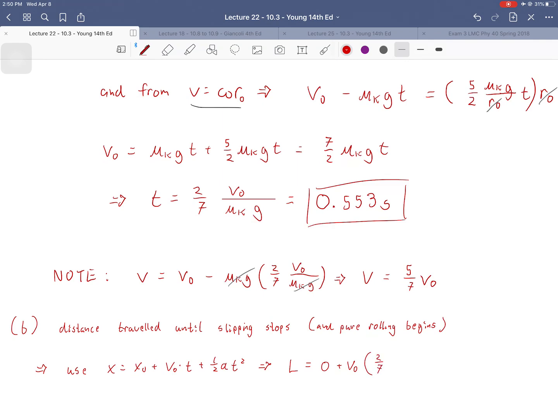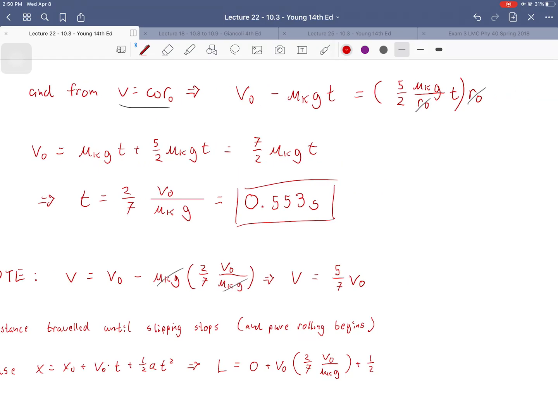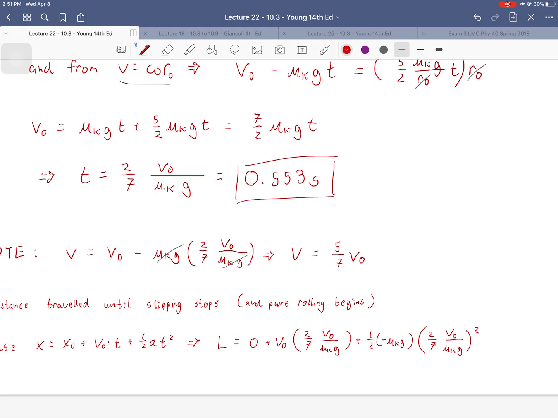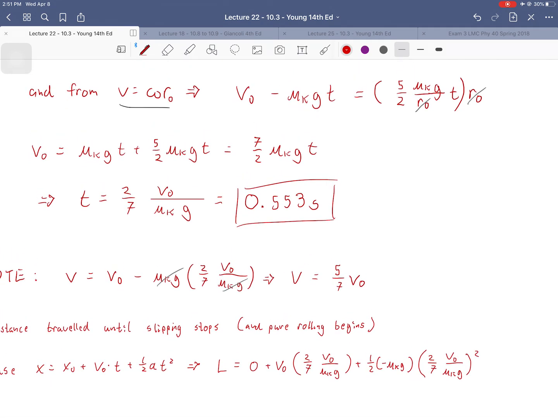We know our t has the form of 2/7 v naught over mu kg, so this is just going to be 2/7 v naught over mu kg. And then over here we have our a, which we know to be negative mu kg. I'll plug in the same result for t, so 2/7 v naught over mu kg, this time squared.